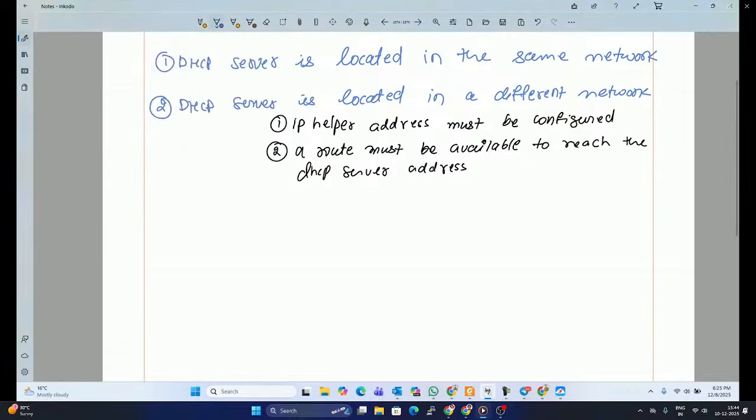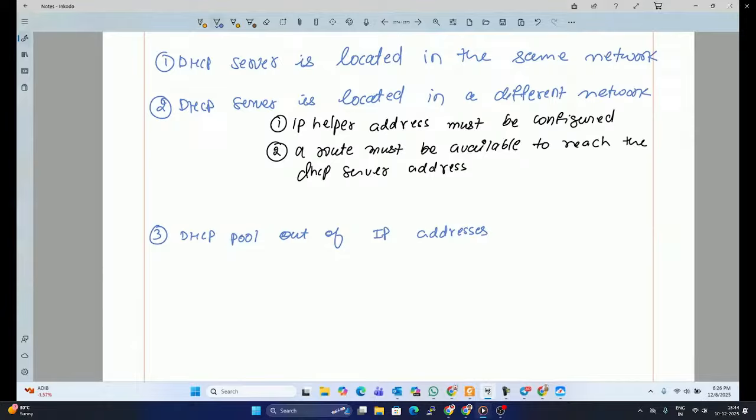So there might be a problem: the DHCP server, or you can say the DHCP pool, running out of IP addresses.